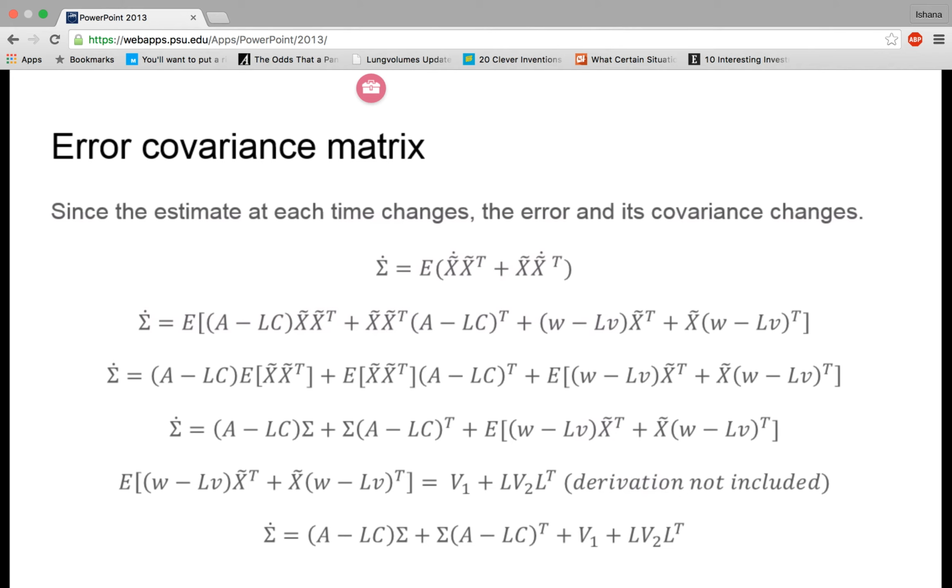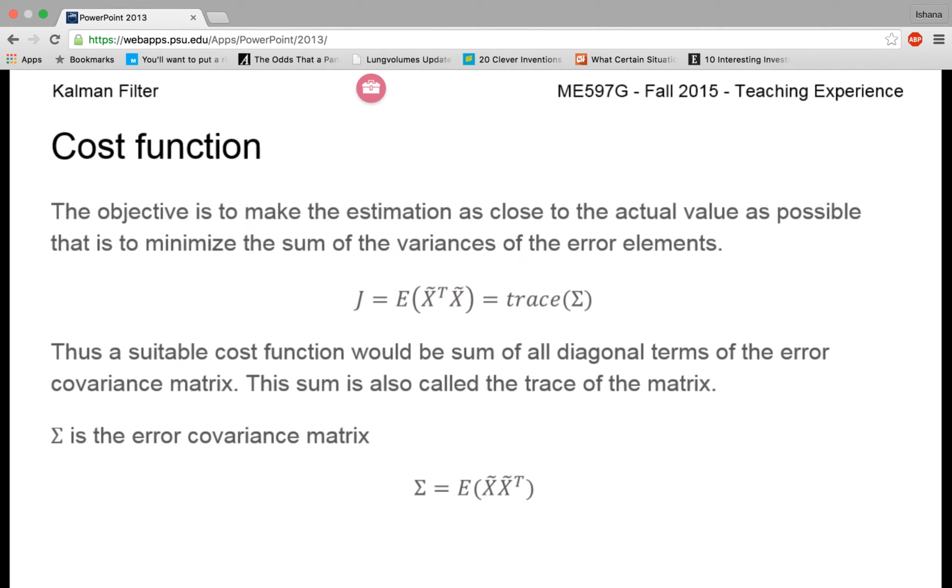Now, the error covariance term essentially relates each error term in the x tilde matrix to another term in the x tilde matrix.